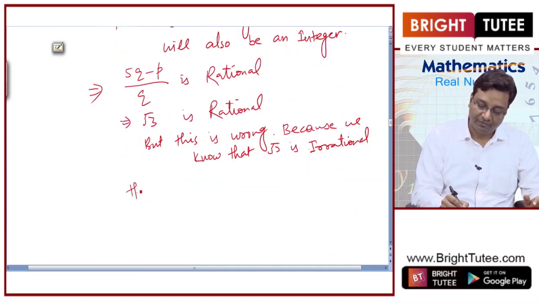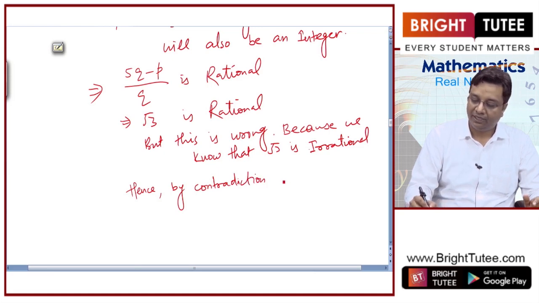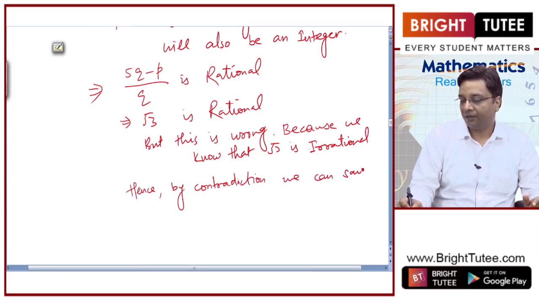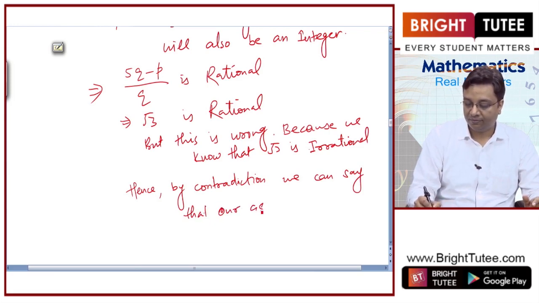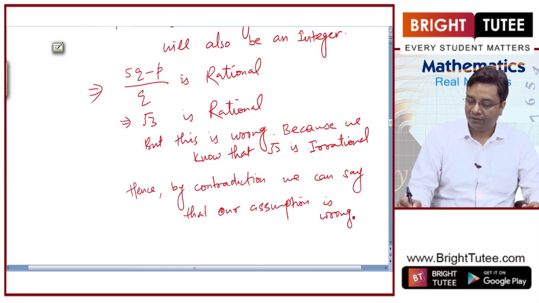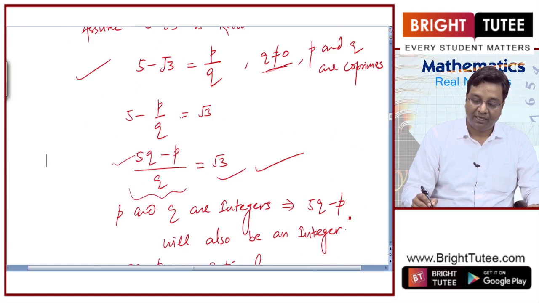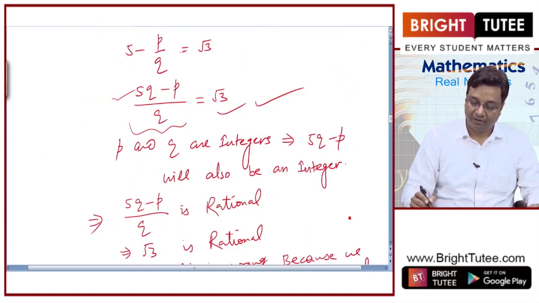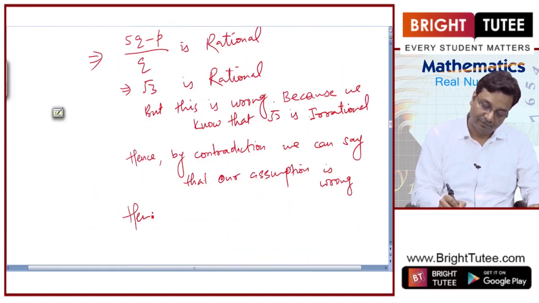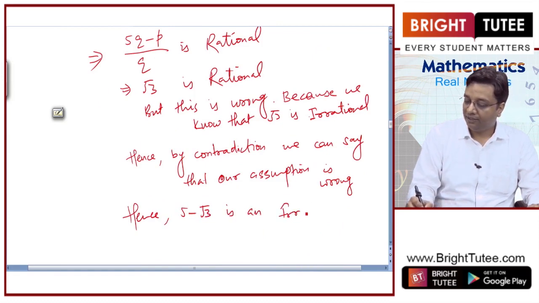Hence, by contradiction, we can say that our assumption is wrong. Hence, 5 minus root 3 is an irrational number.